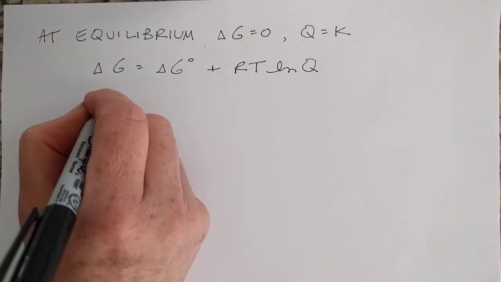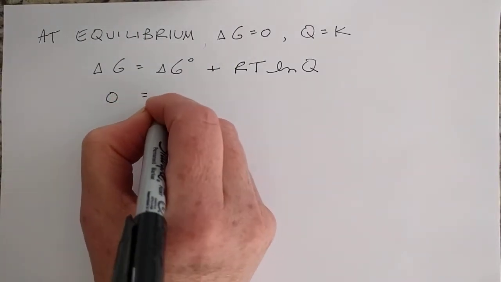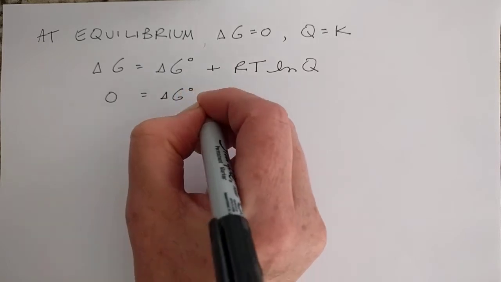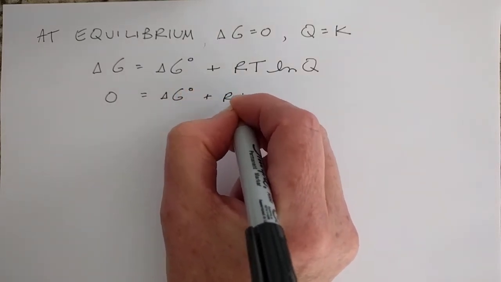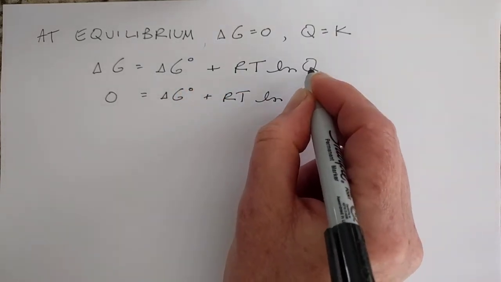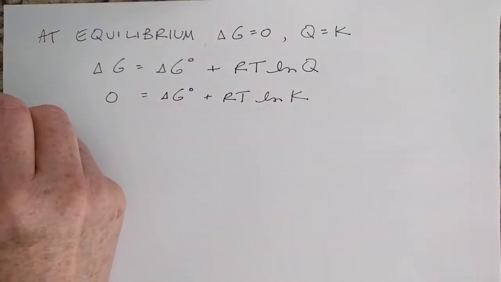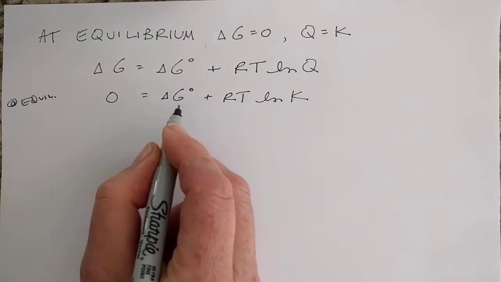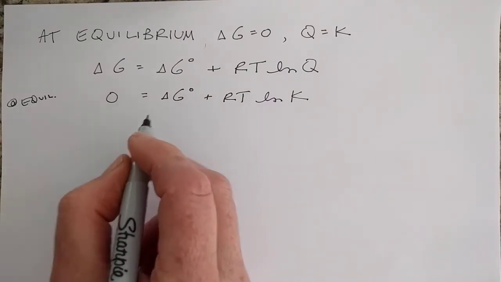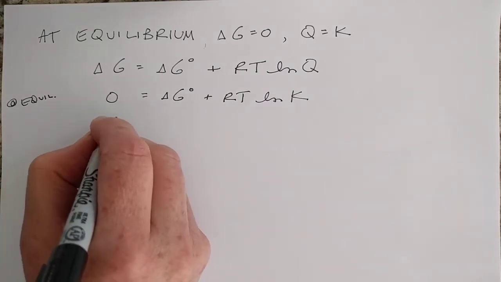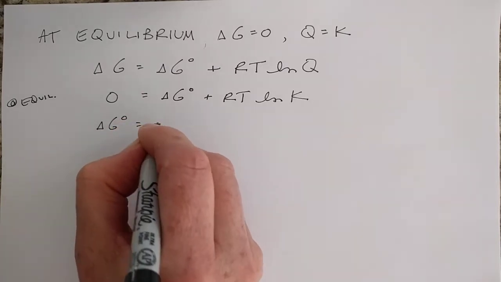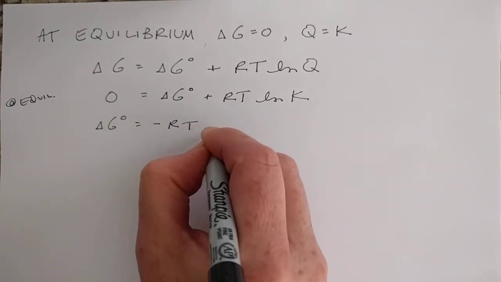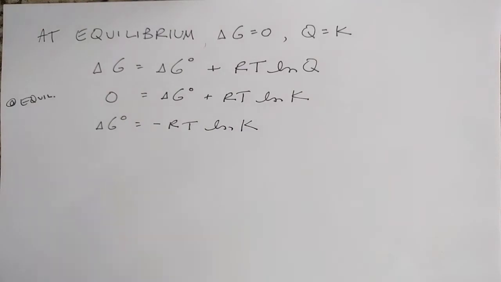So our delta G is 0. This equals the delta G0 plus RT, the ln of K. So this is at equilibrium. So we can solve for delta G0. So our delta G0 equals minus RT, the ln of K.